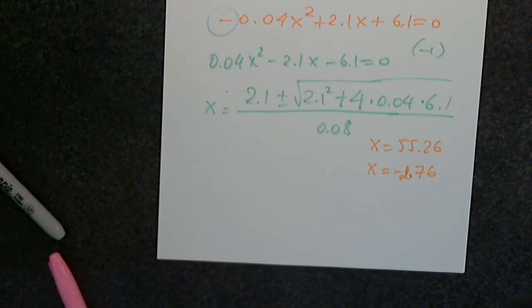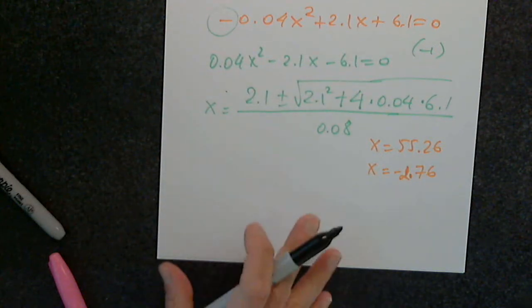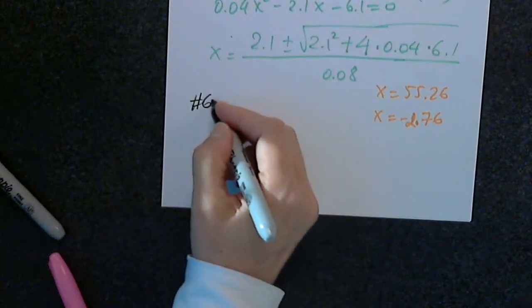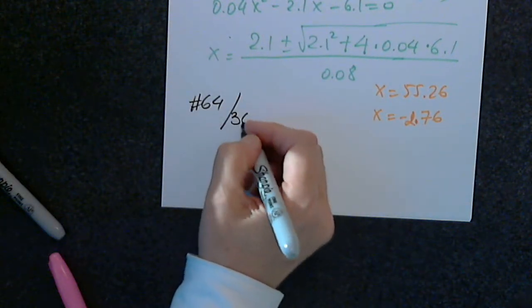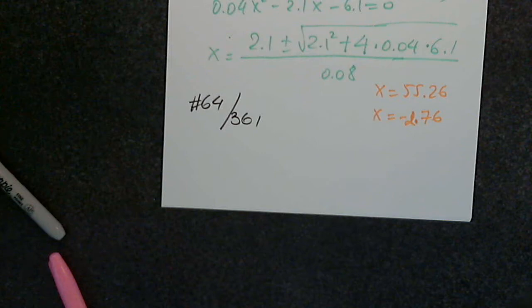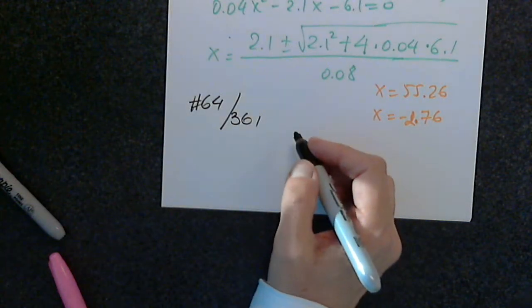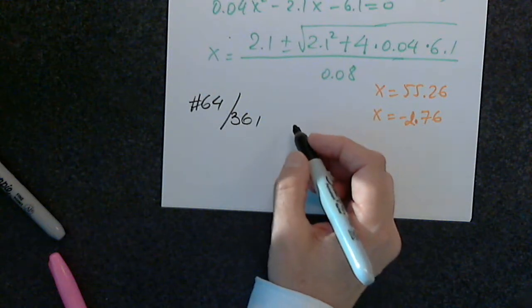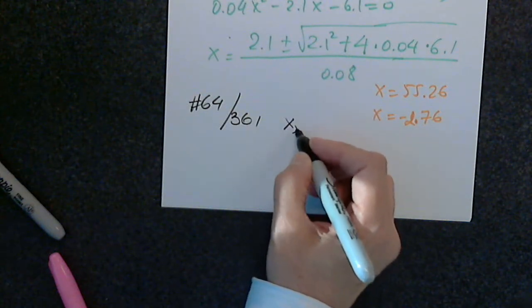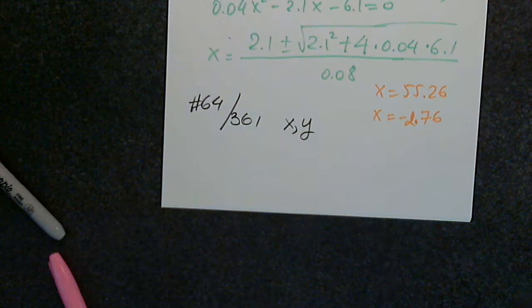Okay, so let's look at 64 on 361. Among all pairs of numbers, can you give me two numbers, not the actual number, variables? X and? Good. Among all pairs of numbers whose difference is 24, come up with an equation for us.